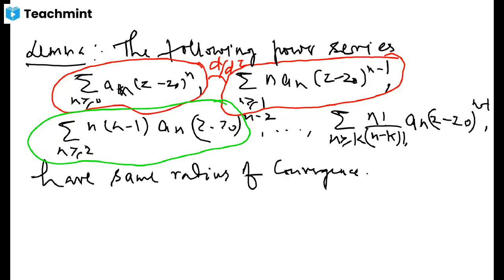That means if the first power series has a radius of convergence r, I will show that the second one also has the radius of convergence r. Then applying the same argument, you can show that the second and the third power series have the same radius of convergence, and so on. This is a very simple proof.